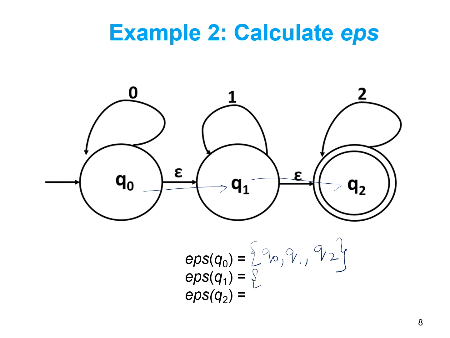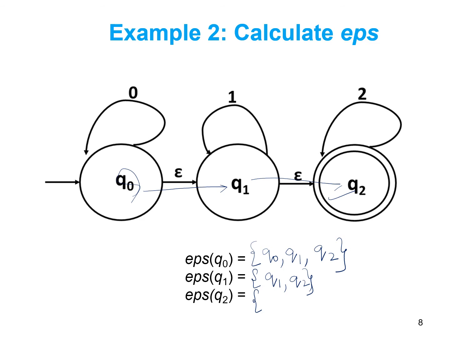Next, coming to Q1, by default Q1 is in the list. Then from Q1 there is an epsilon transition going to state Q2, so Q2 is included, but there is no transition for Q0. So the final result EPS of Q1 is Q1, Q2.